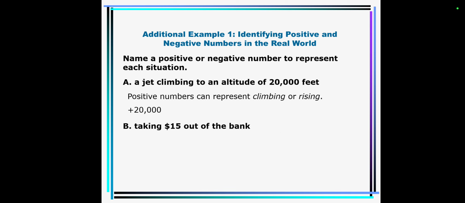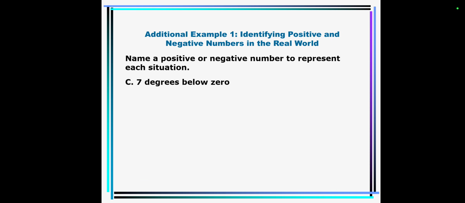If you take $15 from a bank, that is a negative number because it represents taking out or withdrawing, so negative 15. If it is something like taking something, that is negative. But if it is an increase or rising, that is positive.